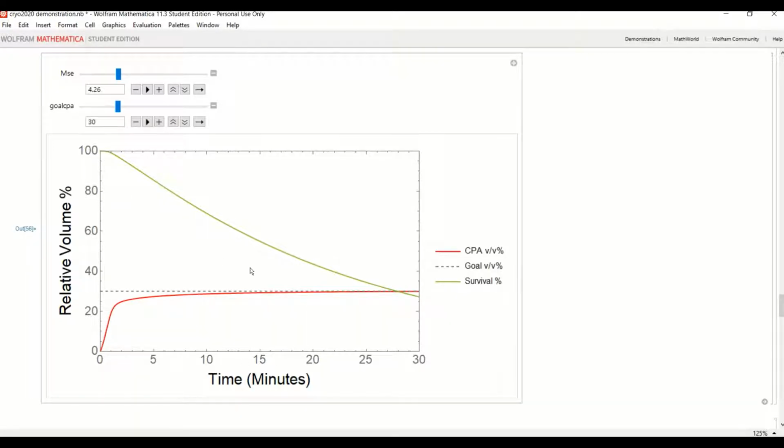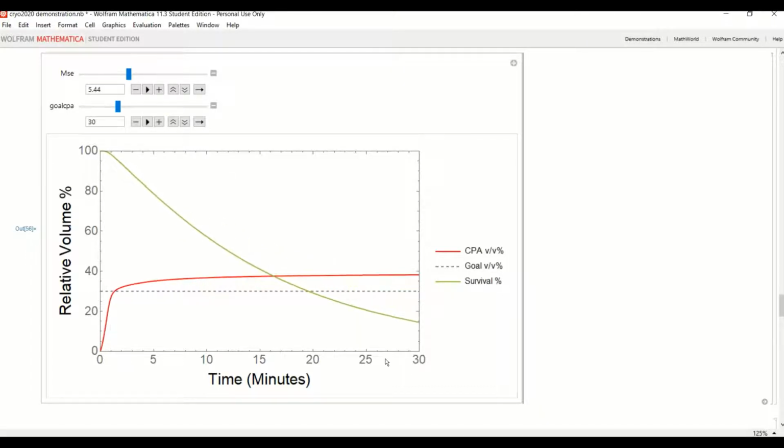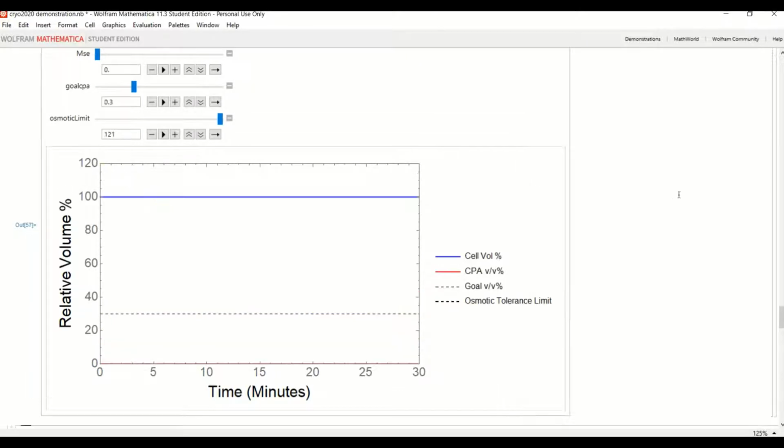But you can avoid this amount of time by increasing the concentration. So instead of it taking about 26 minutes or so, now it only takes about 1 or 2 minutes. And instead of having the survival rate out here, you have it up here. So that's an increase of survival. So you have a better loading protocol, right?